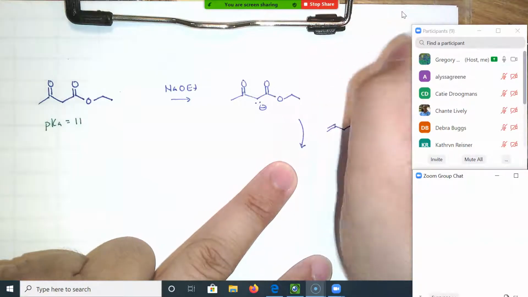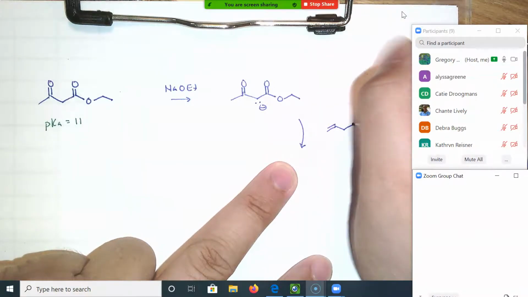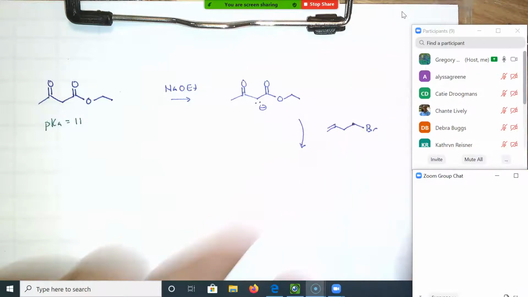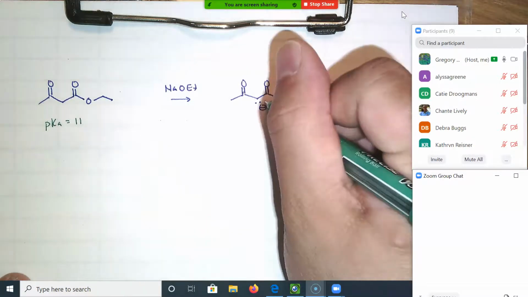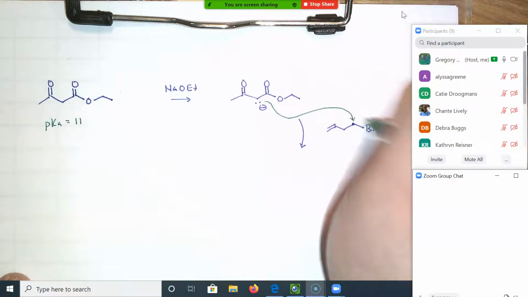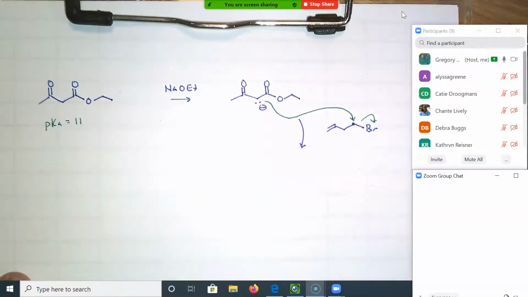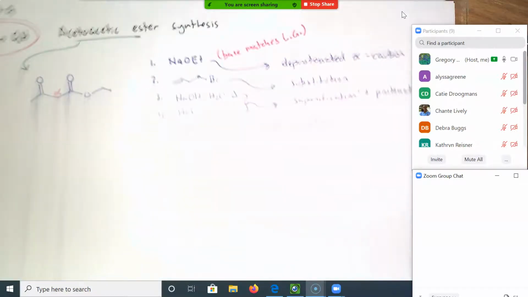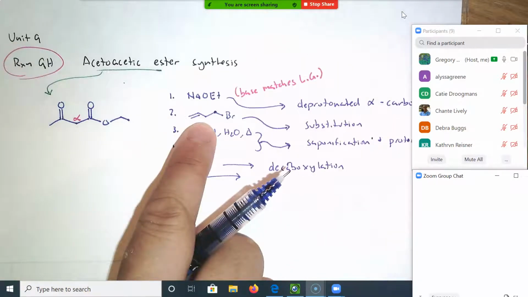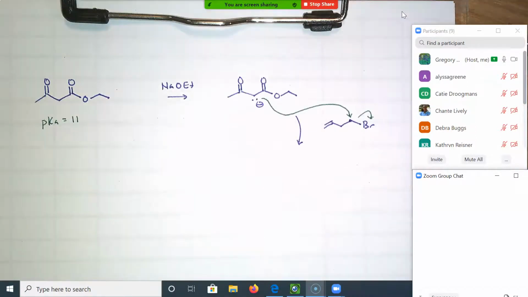What is this? I'm not going to draw the full mechanism, but let me draw at least this reaction here. Like this, and we kick it out. That's reaction number 2, right, from our sequence. Right there. Oh, that's interesting.